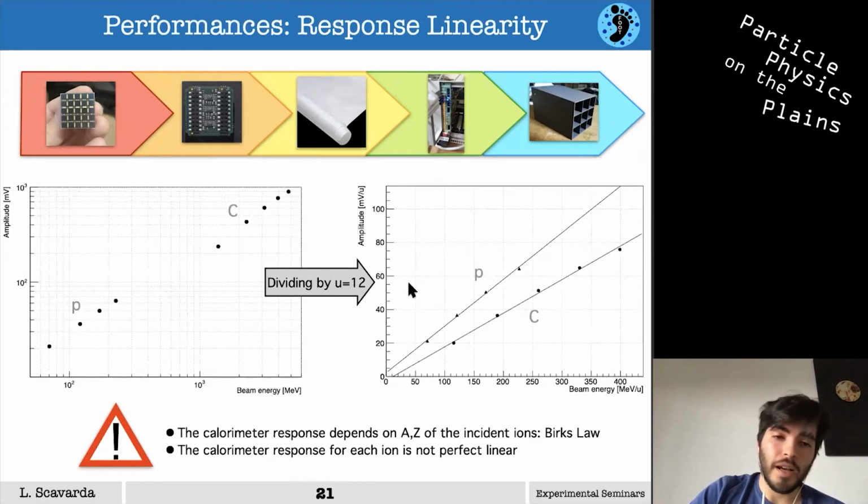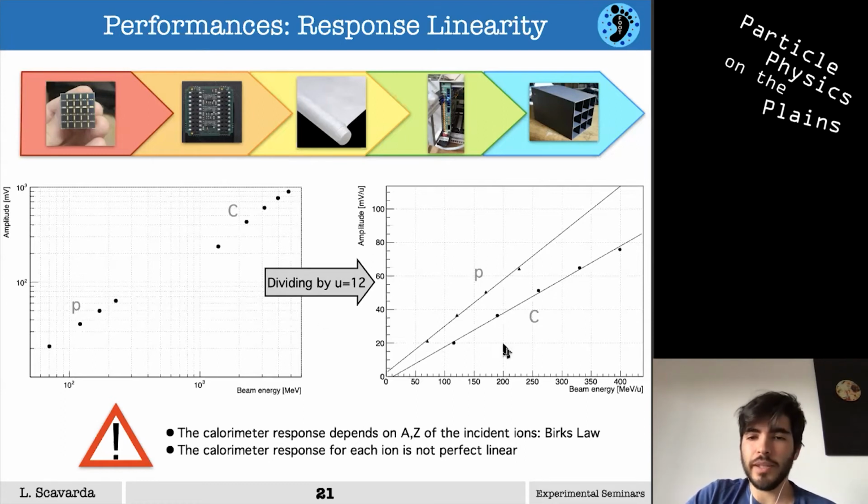Okay. About the linear response, we have some issues because here we have the average value related to the amplitude distributions for the carbon beams, and here for the proton beams. Dividing these points by the mass number of the carbon in order to compare the two trends better, we can see there is a problem, because the response of the calorimeter depends on the A and Z of the incident ions due to Birks' law.